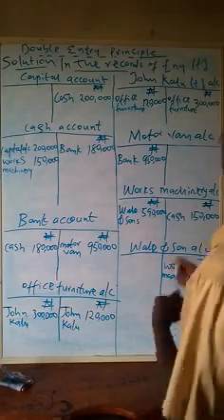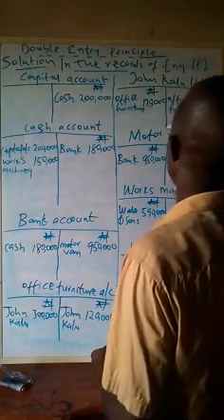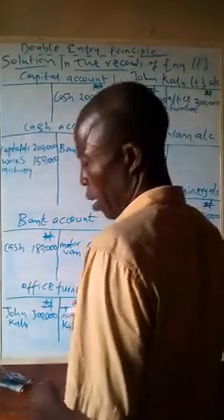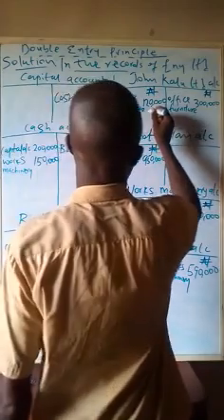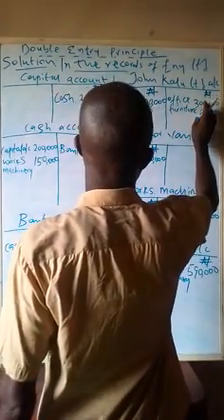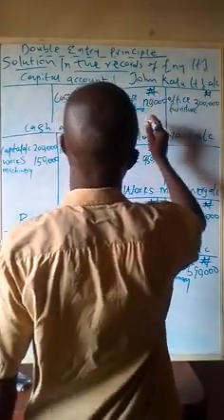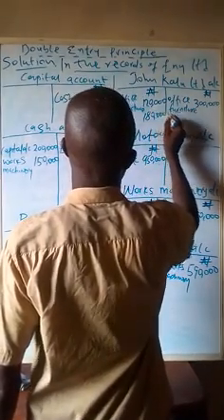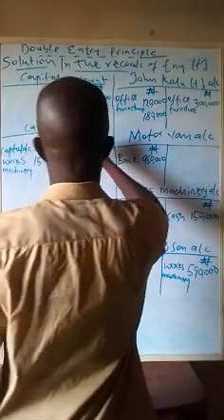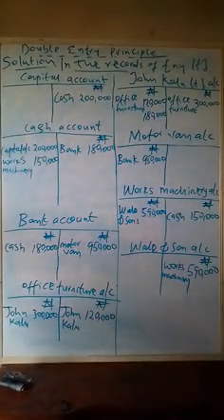So John Kalu is now receiving. Pay the amount owing by check, that is bank. What is the amount owing now? From the 300,000 you returned 120,000, that is remaining 180,000.